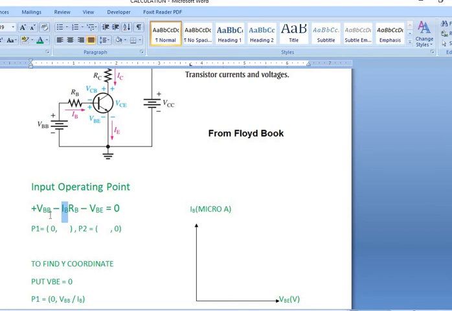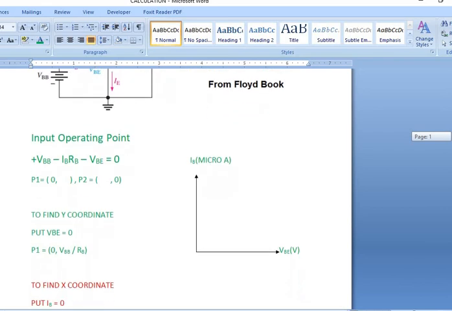You can do it yourself. This is not I, this should be the R. So if we are considering the VBE as 0, we find the value of IB. So the first parameter is in this way: we place 0 and then VBB upon RB.